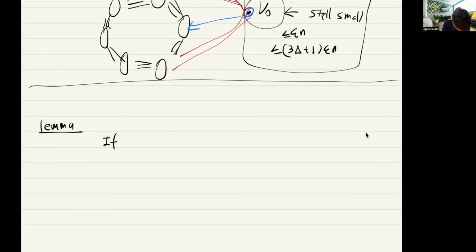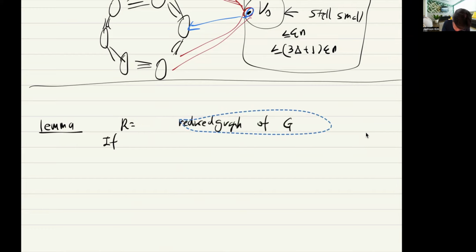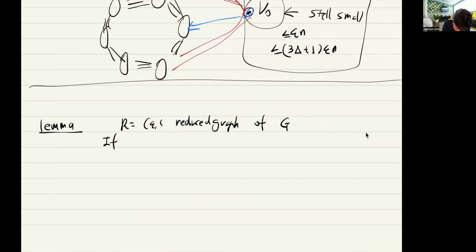Again, if you have a reduced graph R of this G, this is an epsilon-delta reduced graph of the epsilon regular partition.